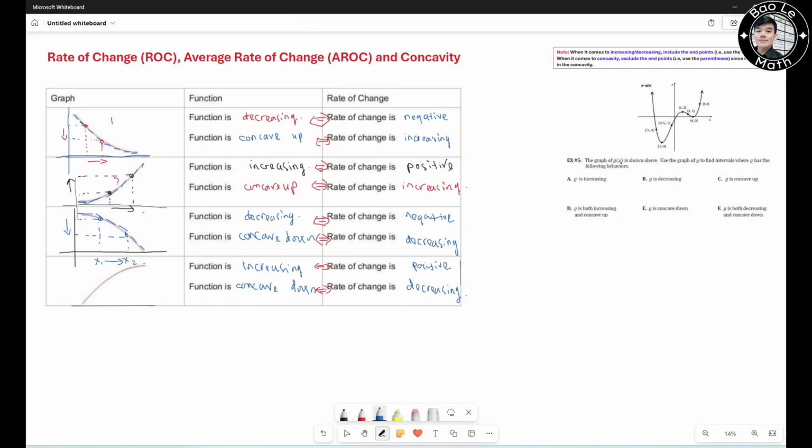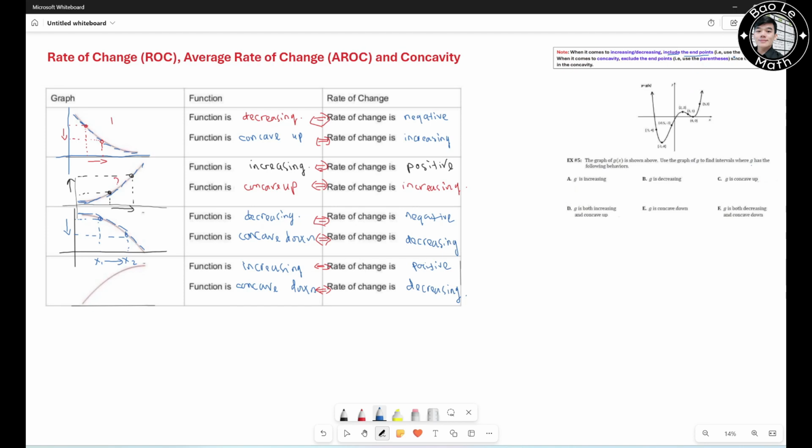Now let's take a look at the example right here. The graph of chi of x is shown above. Use the graph of chi to find intervals where chi has the following behaviors. Now first, you need to understand when you include the endpoint or not. When it comes to increasing or decreasing, you must include the endpoints.